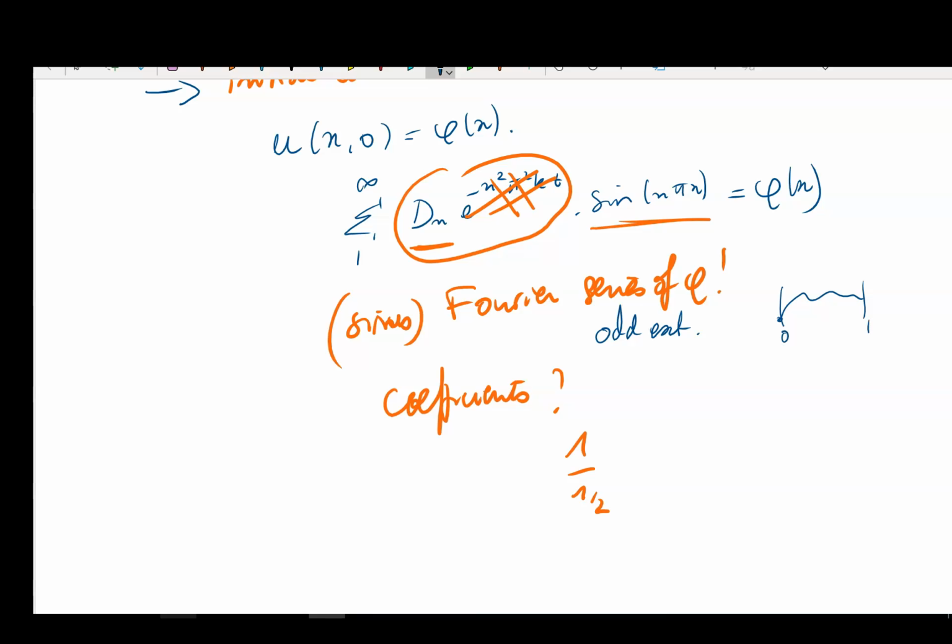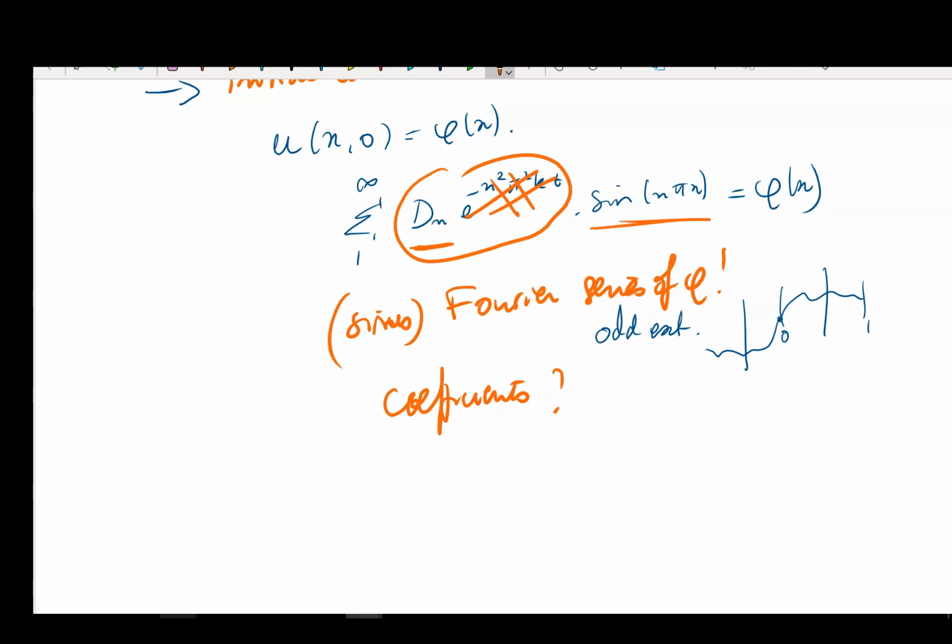And I said that u of x at 0 was equal to 0. So my odd extension is going to look like this. And so when I'm doing my integral, I'm going to have this on half a period.